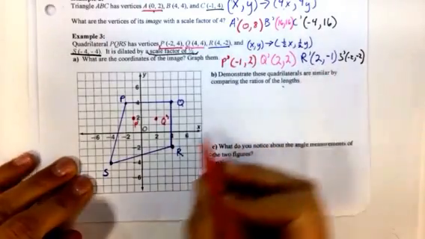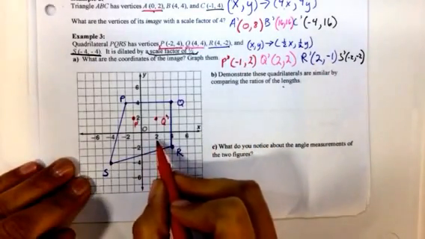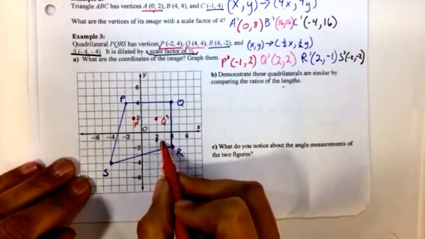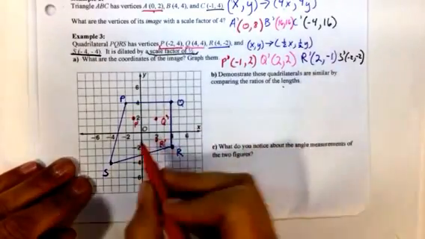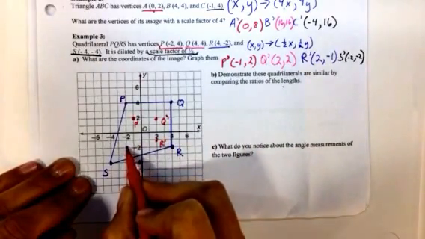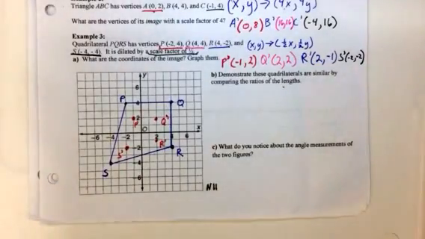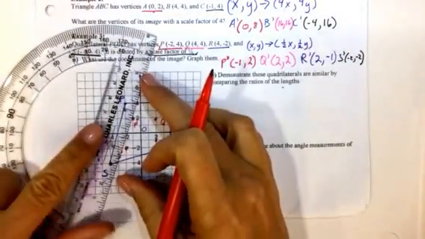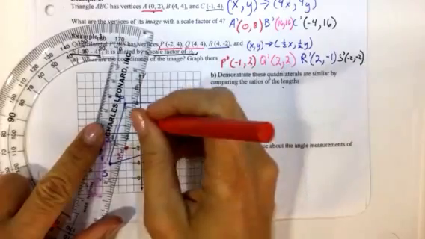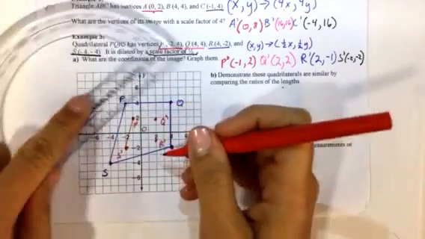And R is 2, -1. R prime. And then -2, -2 is S prime. I also like to just take a quick look and make sure this looks similar to my original shape, so I know I haven't made a major error.